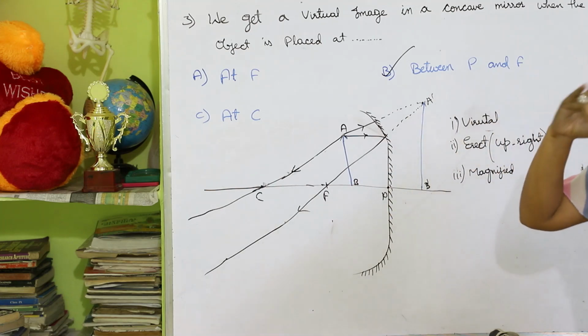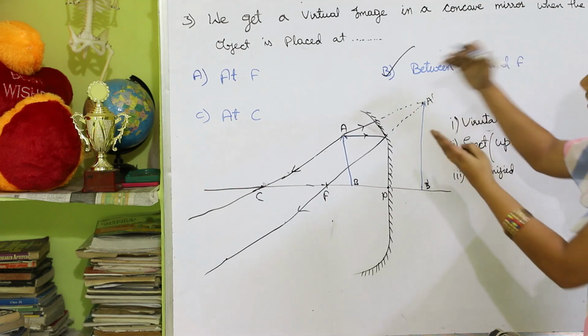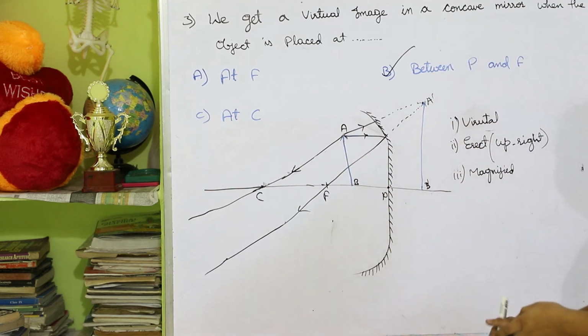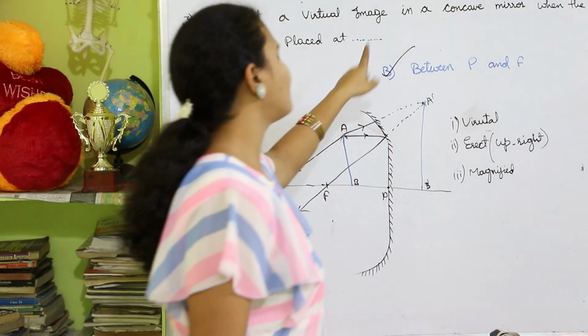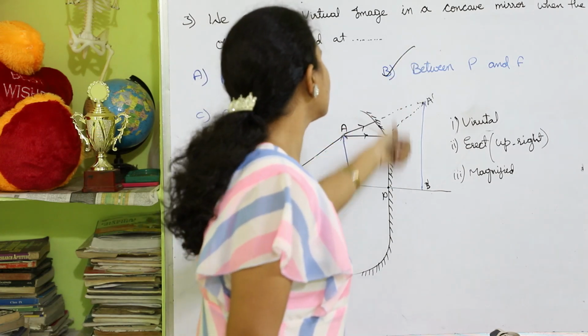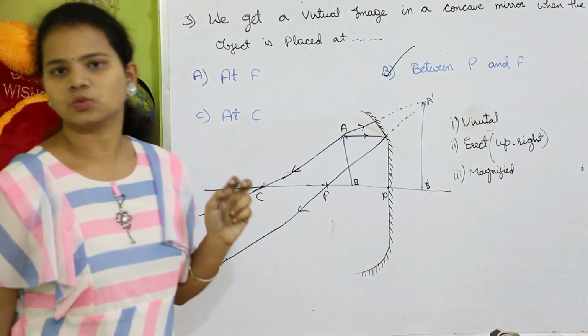Object is a little bit smaller, but the image is magnified. Therefore if we place an object between pole and focus, then we will be getting a virtual image. Clear?